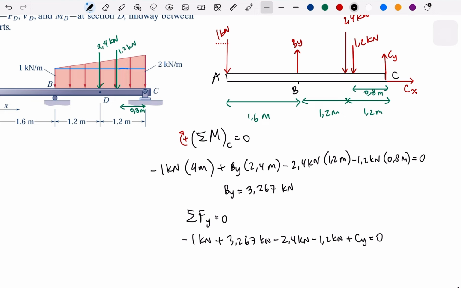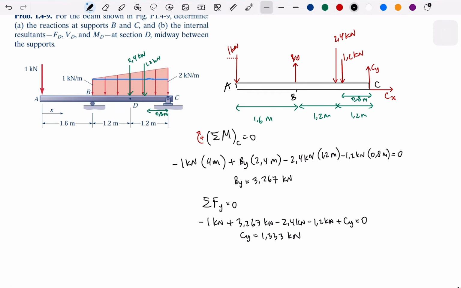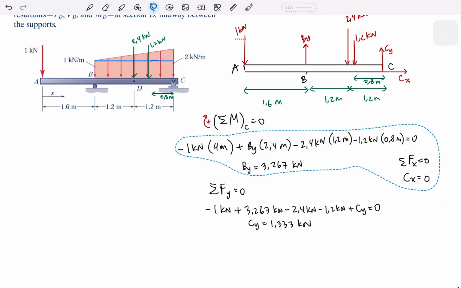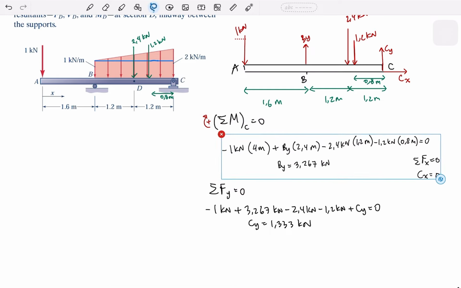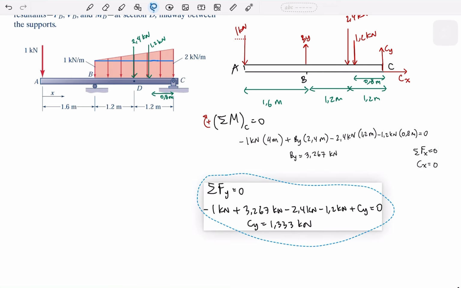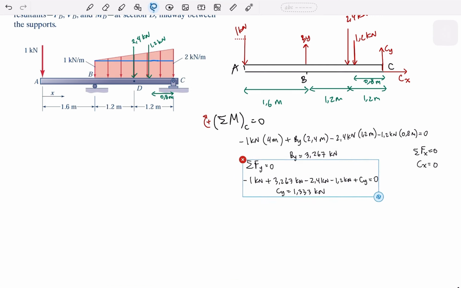From this calculation we get Cy is around 1.333 kilonewton. And I think there are no other horizontal forces, so Cx is 0. I think this can be resized a little bit smaller. This also can be resized to get smaller. Okay.